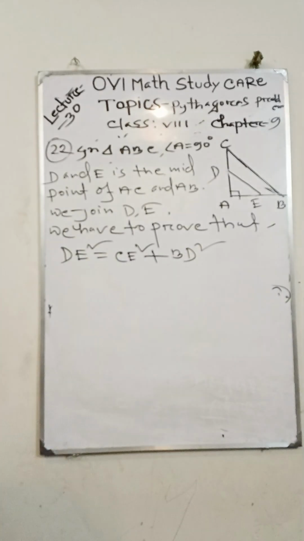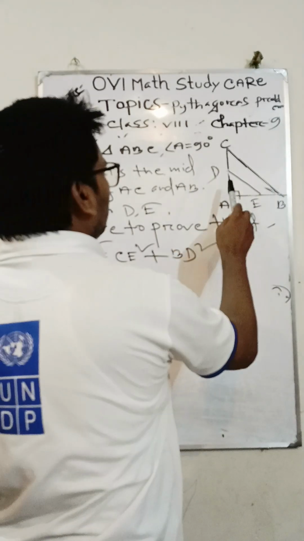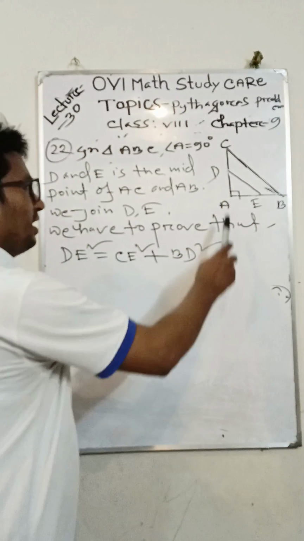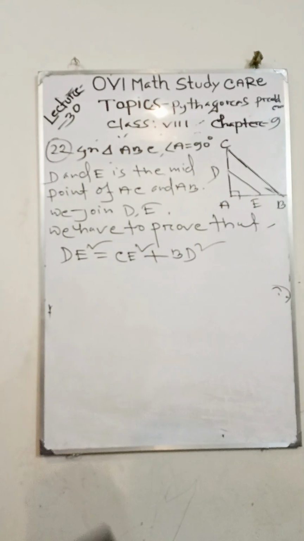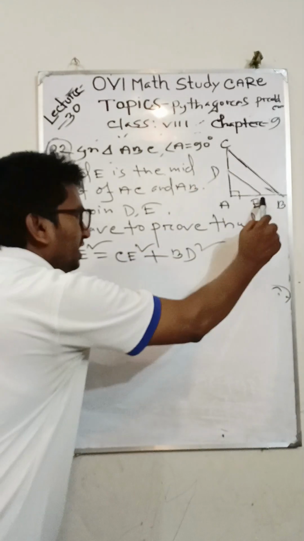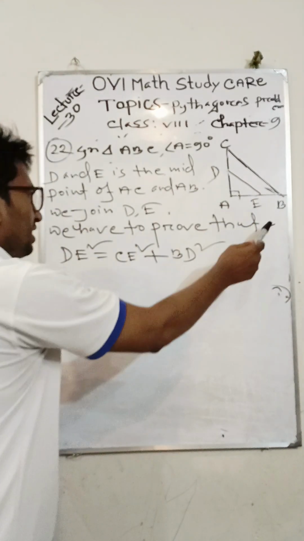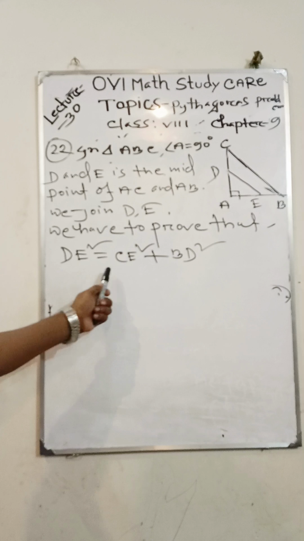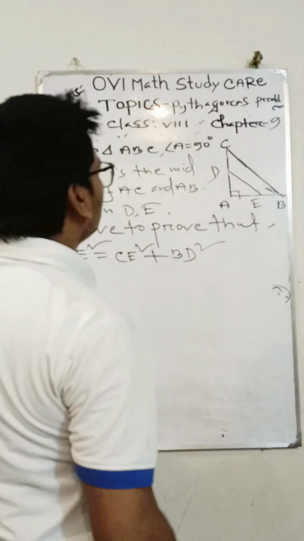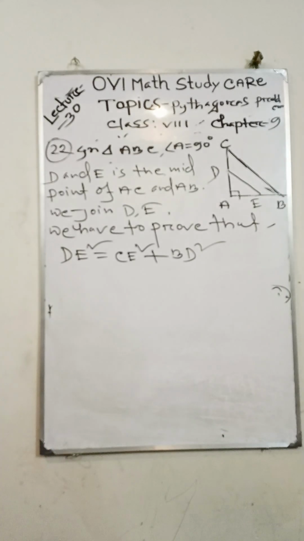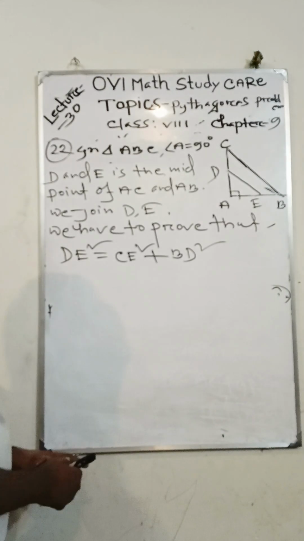Dear students, how can we prove this? In the triangle ABC, A is a right angle, D and E are the midpoints of AC and AB respectively. We join DE. We have to prove that DE square equal to CE square plus BD square.